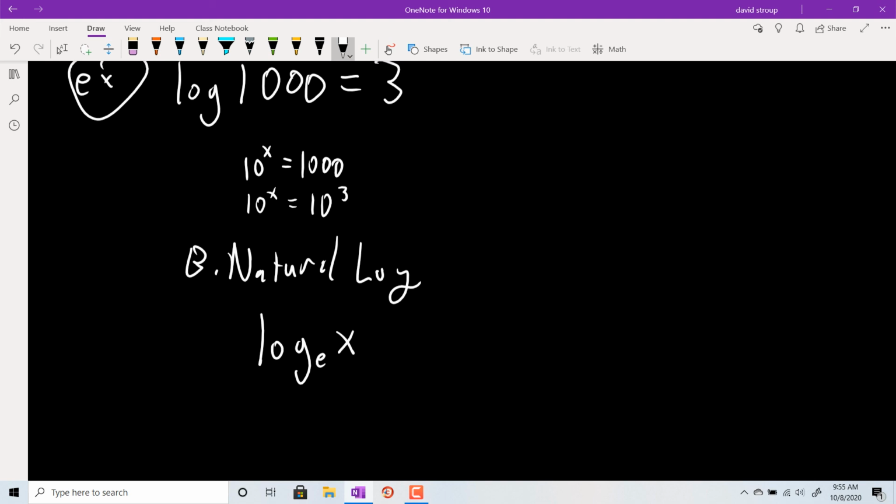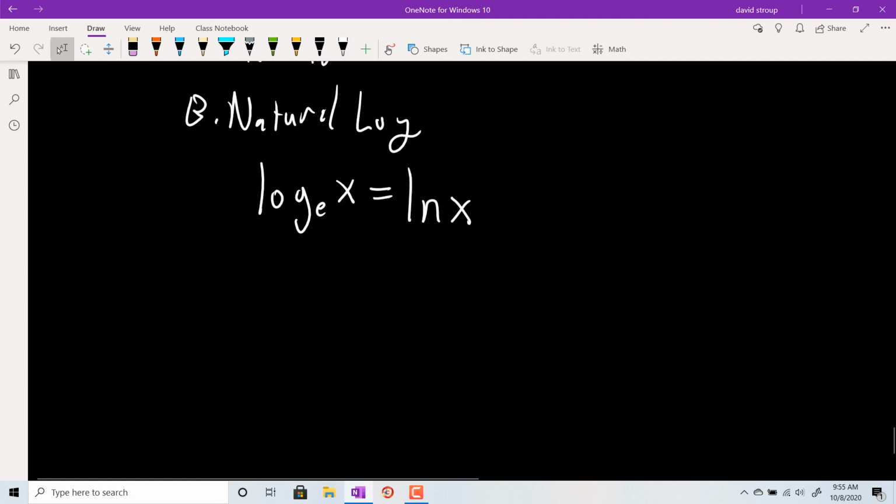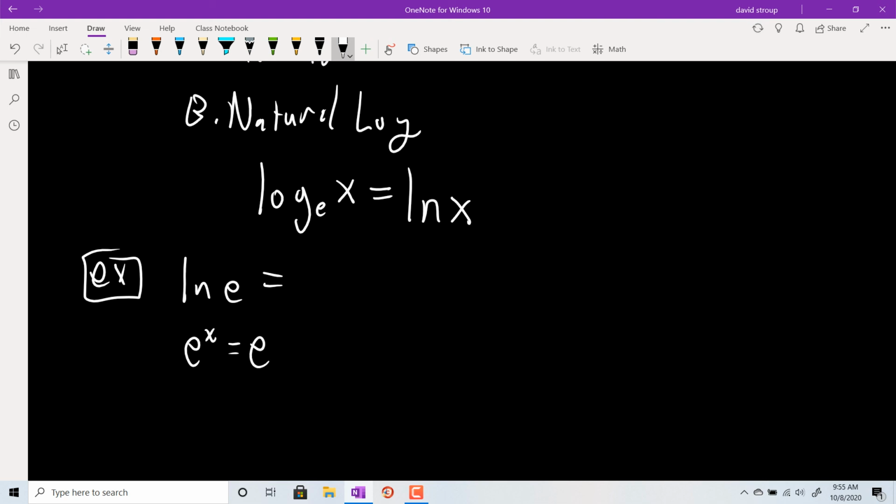It has a shorthand notation, ln of x. So if you see ln of x, what they mean is log base e of x. One they expect you to have memorized: the ln of e is equal to what? e to what power is equal to e? Clearly, that's 1.